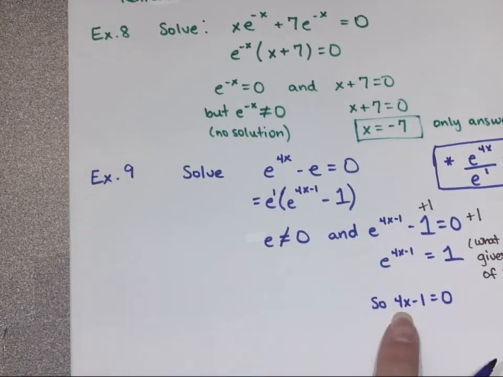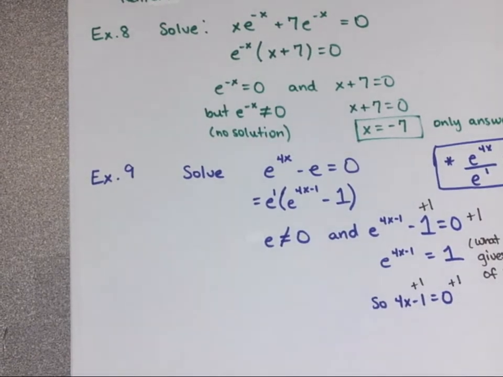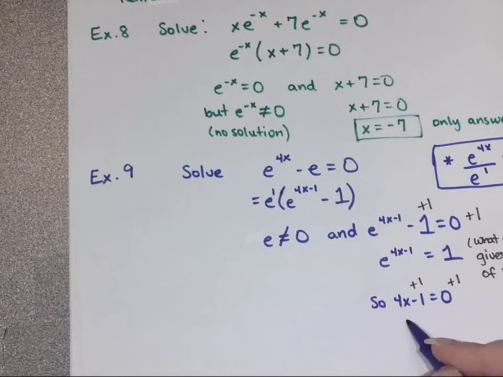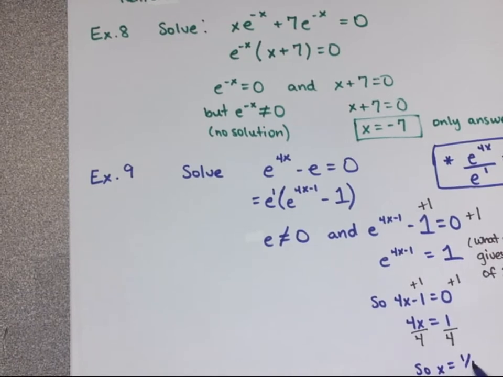So kind of like we did last time, we're ignoring the part that we already know about, and we're just focusing on the part we want to figure out. So we're going to add 1 to both sides. So we'll have 4x equals 1. And then last but not least, we'll divide by what? 4. So in the end, we get a single answer of x equals 1/4.